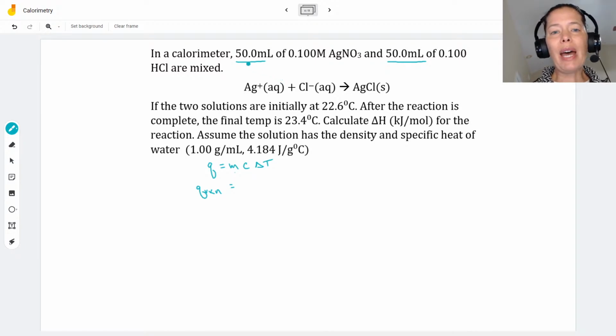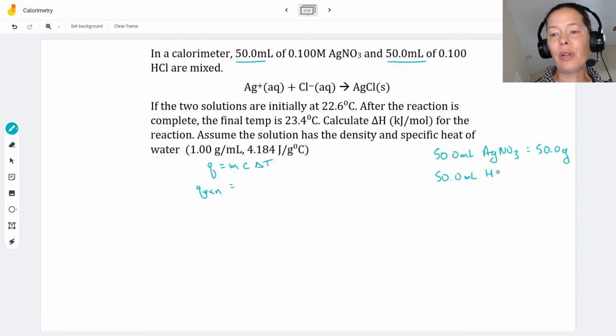So what is my mass for 50 milliliters of both of these solutions? Well, this is where being able to assume the solution has the density of water means that the 50 milliliters from the silver nitrate solution is 50 grams. And then the 50 milliliters from the hydrochloric acid solution is also 50 grams of solution.